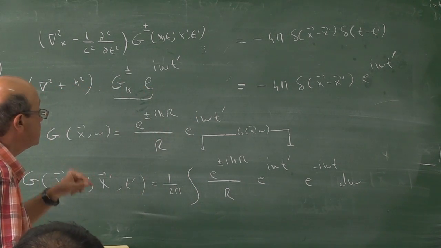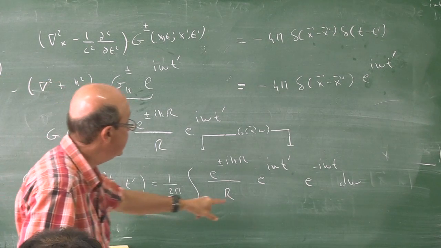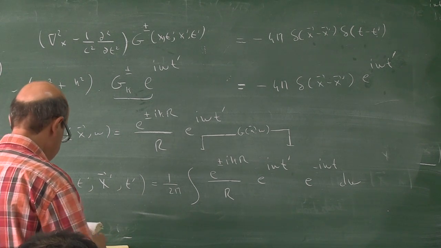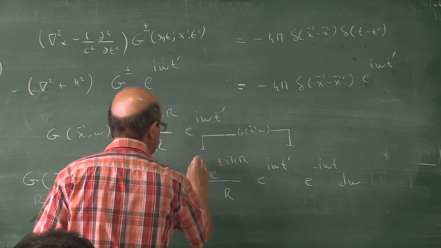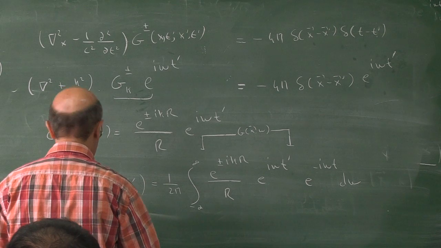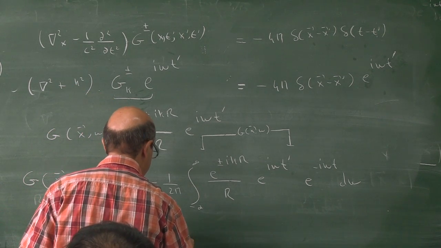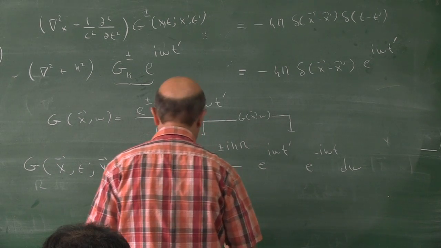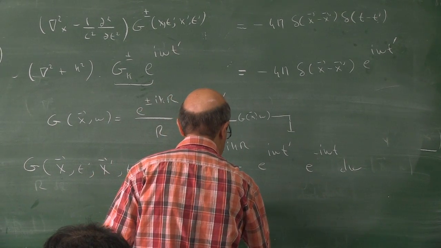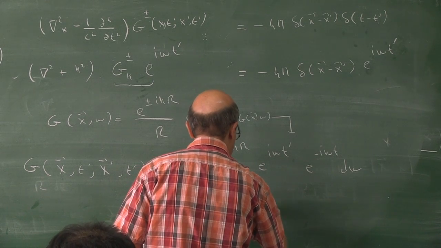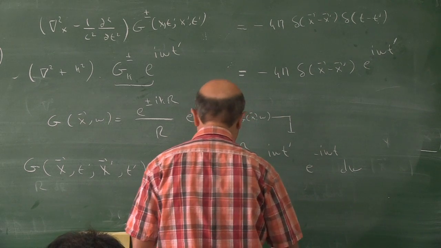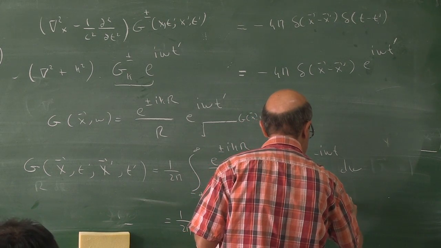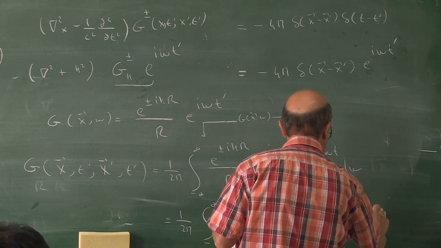We are converting this to the time domain, taking the Fourier transform. And if you take this from minus infinity to plus infinity, you will obtain 1 over 2 pi, integral from minus infinity to plus infinity, e to the plus minus ikr over r, e to the minus i omega (t minus t prime) d omega.